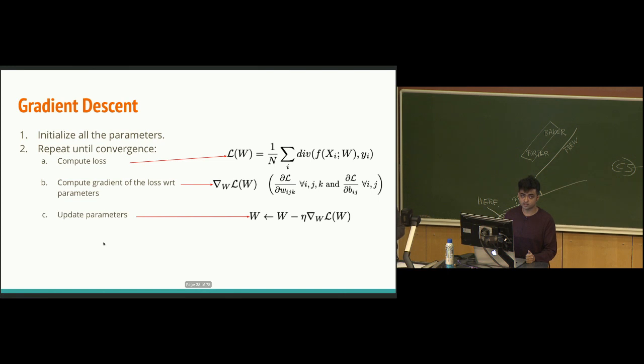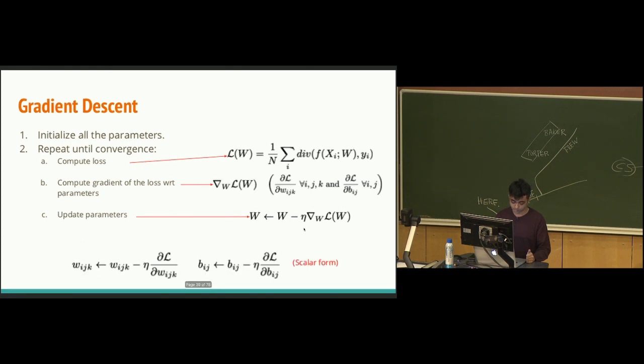And then finally, you want to update the parameters. So this is the update equation for gradient descent. Eta is the step size. So you take a small step opposite the direction of the gradient, and that is the new weight. And this is the same thing in the scalar form.